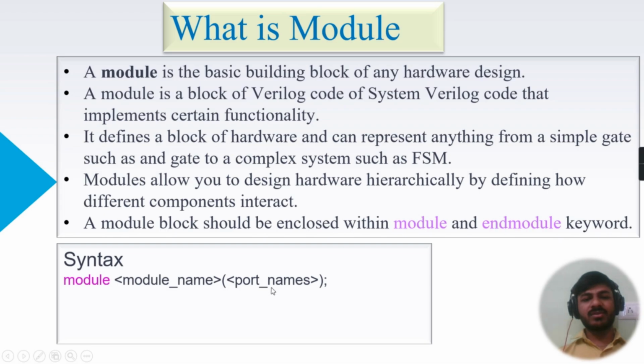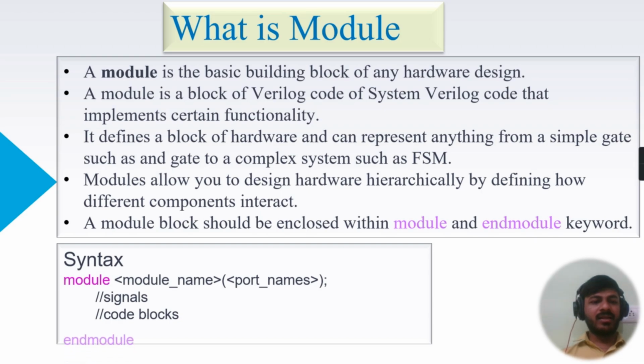So inside the port names, suppose we have two inputs, input A and input B, and output logic C. Then signals: in any module, we can have data signals or control signals, which can be represented by the signals. And then code blocks will be there, which are procedural blocks such as always @(*) or always_comb, and then endmodule. So this is the syntax of a module.